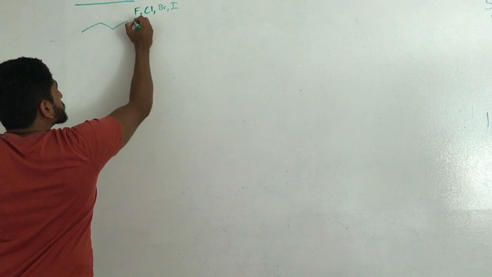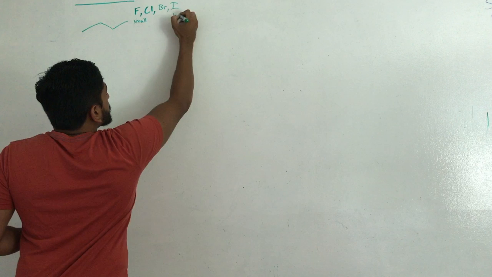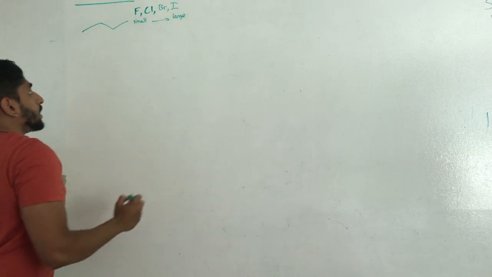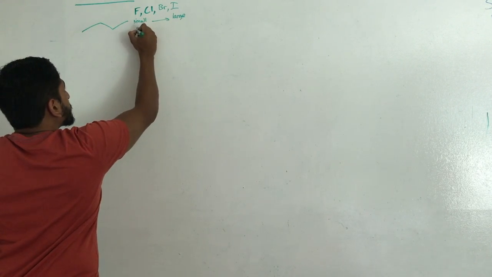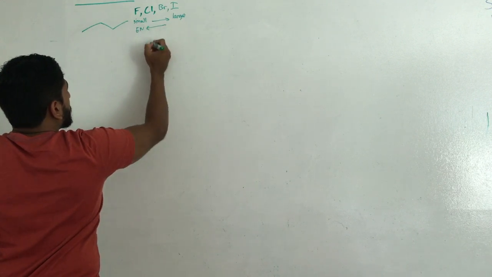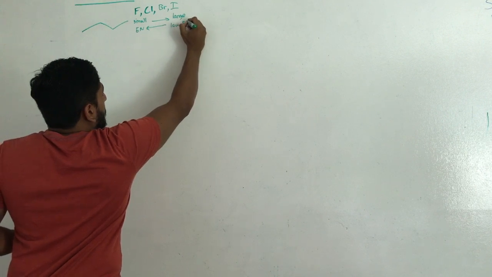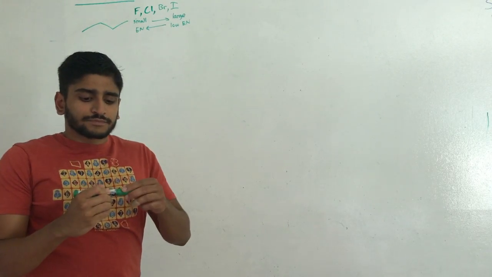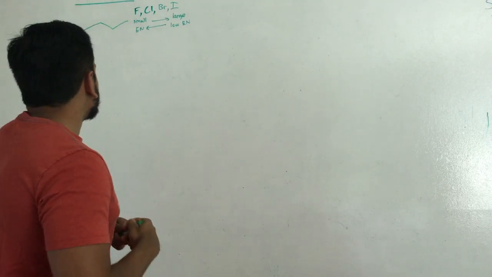So these are small, large, and these have the highest electronegativity. So fluorine is both the smallest and the most electronegative halogen. And as to why exactly that's important, we'll get to that in a little bit.